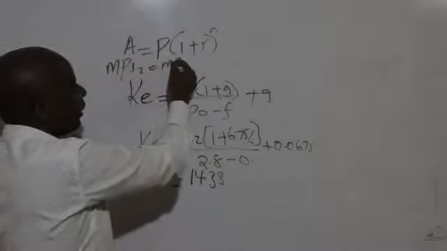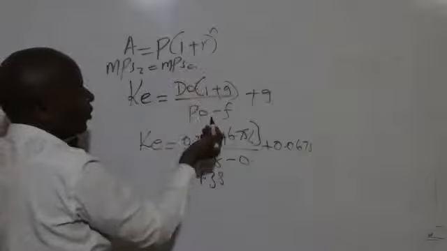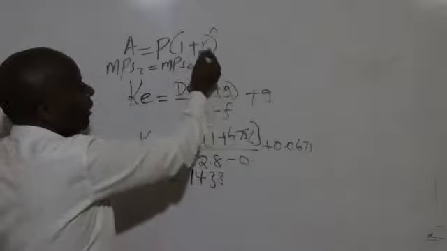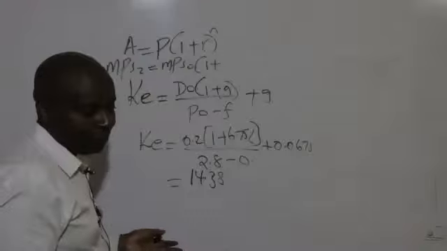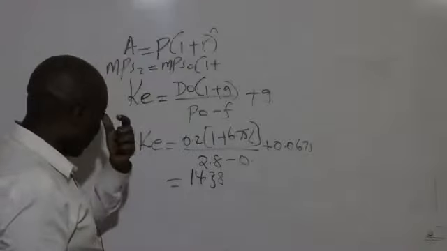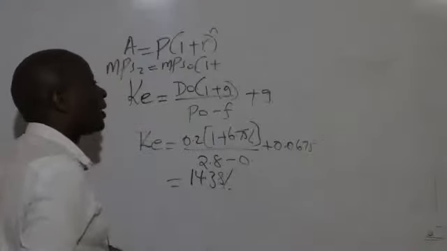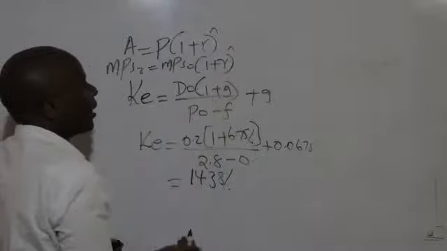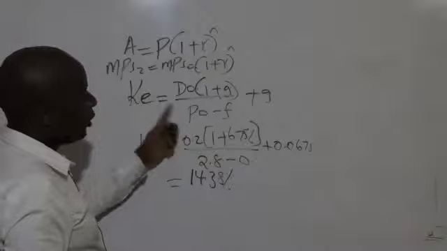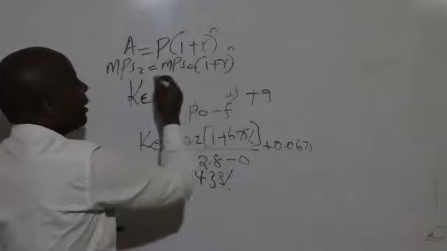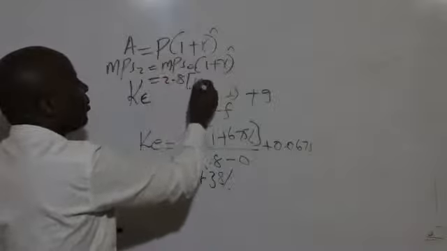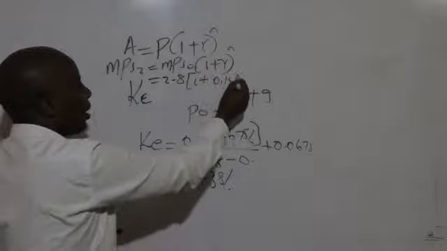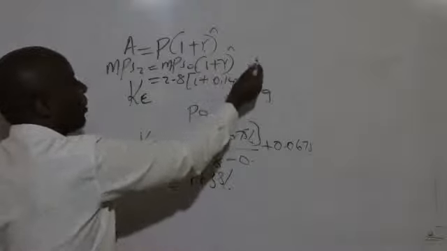The principal will be the MPS at time 0. 1 plus, remember R is the cost of capital, which is supposed to be 14.38%, raised to power n. So the current P0 is 2.8 into 1 plus 0.1438 raised to power 2.